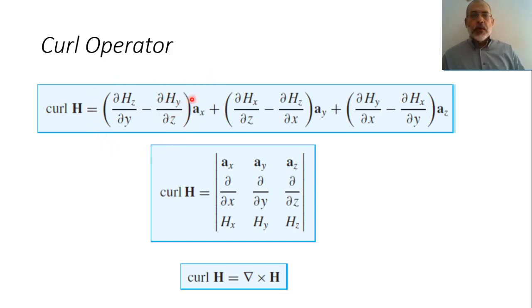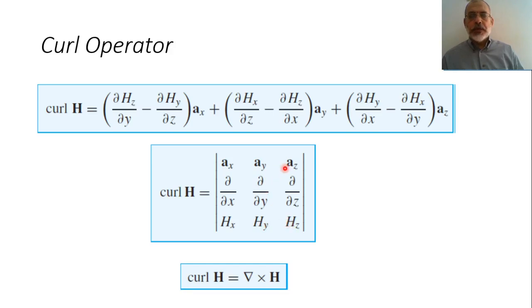This form of the curl operator can be represented as a determinant in the following form. The first row would be the unit vectors ax, ay, az. The second row would be partial by partial x, partial by partial y, partial by partial z. And the third row would be the Hx component, Hy component, Hz component.